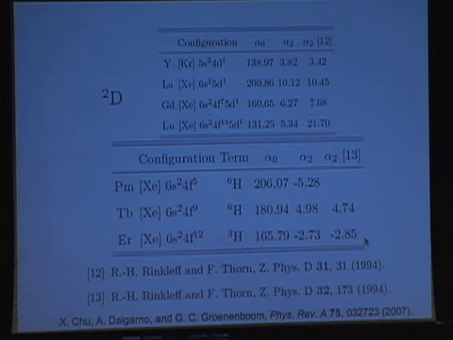So the way to rationalize this really large experimental value is probably because once this F shell is completely filled, it becomes particularly pulled towards the nuclear core. We don't know whether or not that's the case, but that's the way to rationalize.